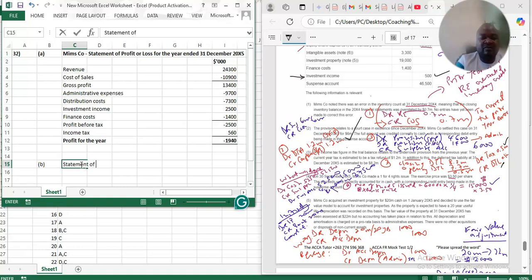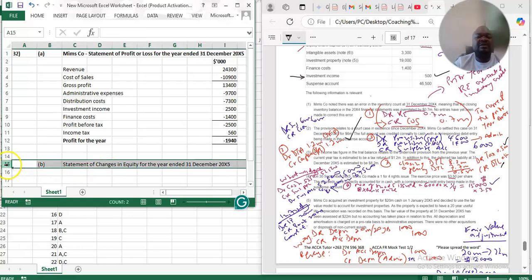Statement of changes in equity for the year ended 31 December 20x5. Okay, in the examination there won't be that time to write all this.